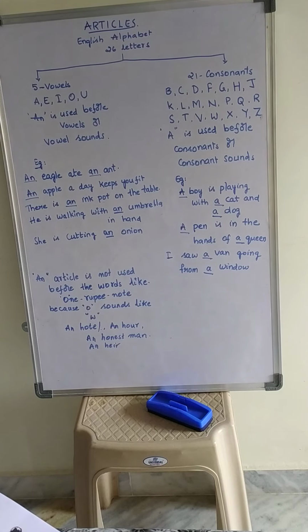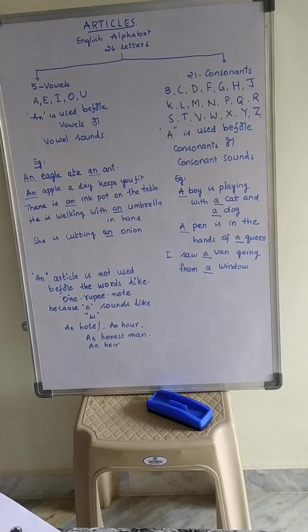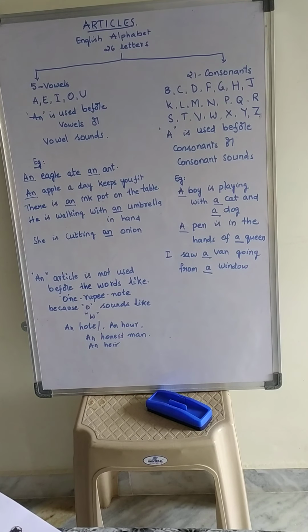So an is used before eagle. E is the vowel, so before the E we have to use the article an. And next, ate an ant. A is the vowel, so before the vowel, an is used. An apple, A is the vowel, and before apple we have to use the article an.